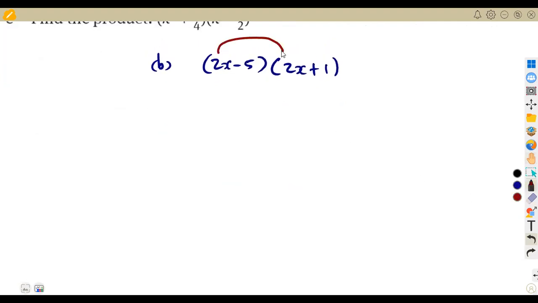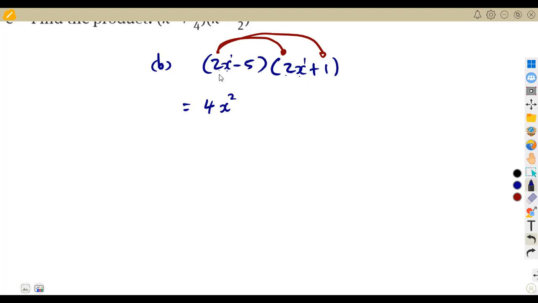The term 2x and 2x here, the same 2x and 1. So we are going to obtain 2x and 2x, 2 times 2, which is 4x times x, remember, that's x squared.